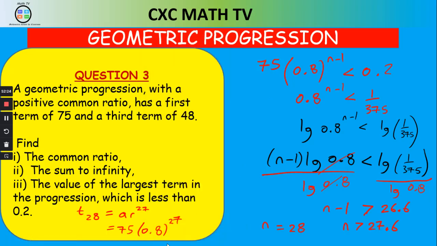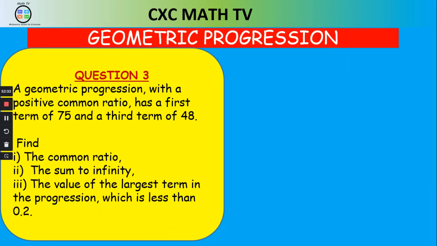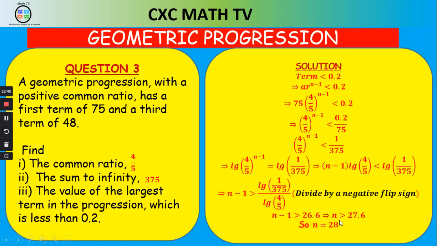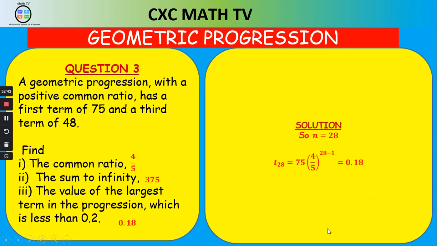That's the largest term, 0.18, less than 0.2. That is it. So just to type out the solution for you, there you go. That's the common ratio, that's the sum to infinity, this is n being 28, and so that term is 0.18. Solution typed out.